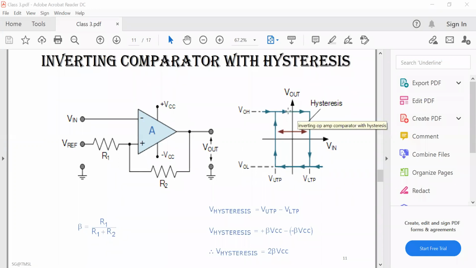As the output is high and positive, the value of the reference voltage in this case is approximately equal to beta into VCC, which is called the upper trip point, UTP. So upper trip voltage is called VUTP, which is this position.